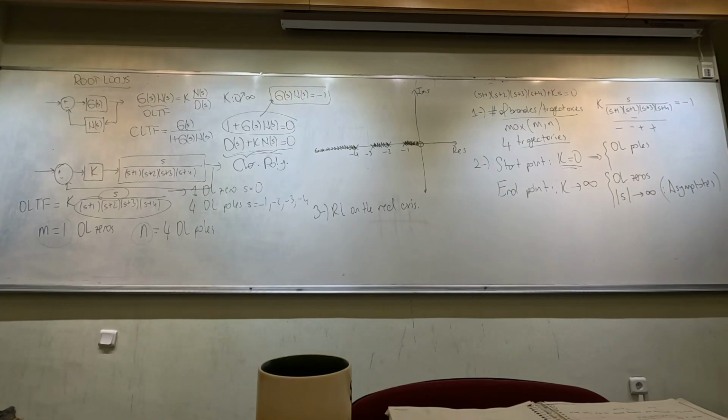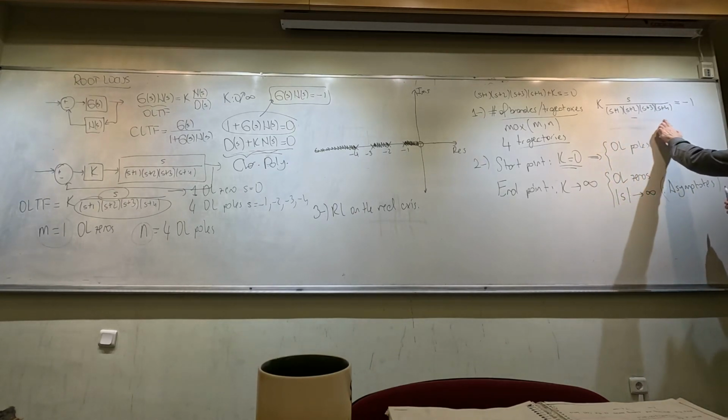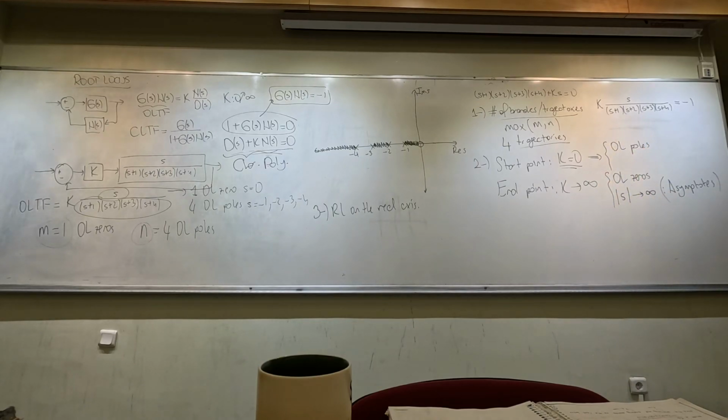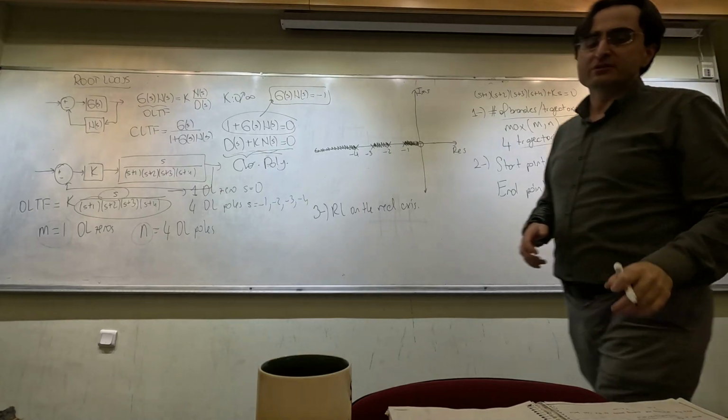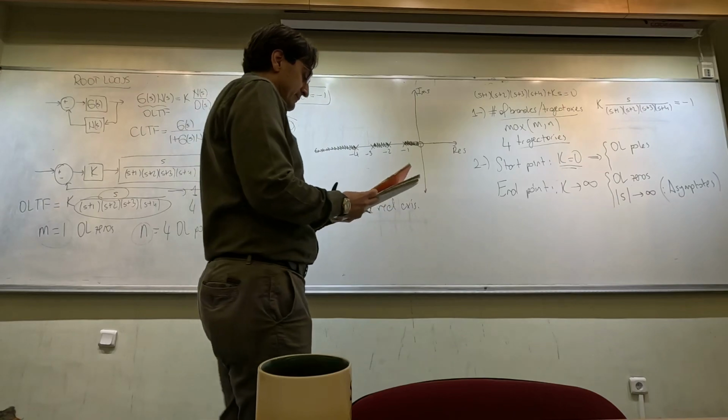So what happens if we talk about the complex poles? They won't cause any difficulty in this logic actually. But before that, I would like to write the general rule here for the root locus on the real axis.